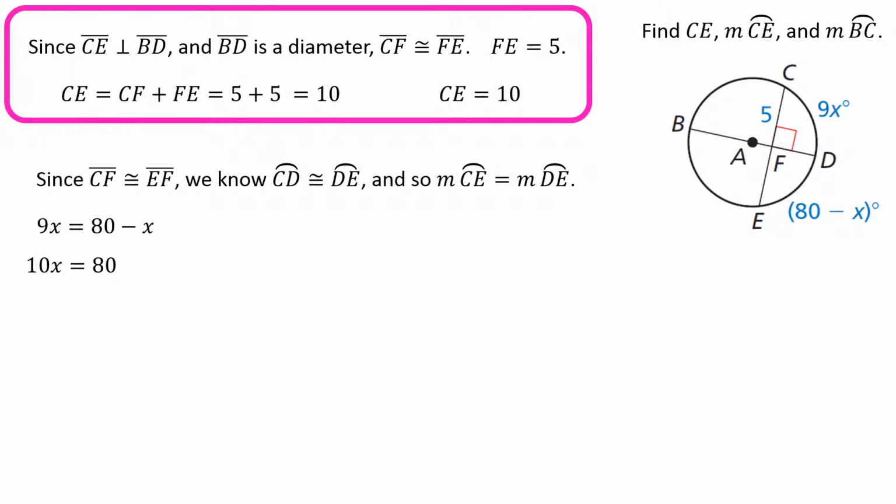I can add x to each side. I can divide by 10. And I come up with 8. Of course, the question wasn't find x. The question is, can you find the measurement of arc CE?